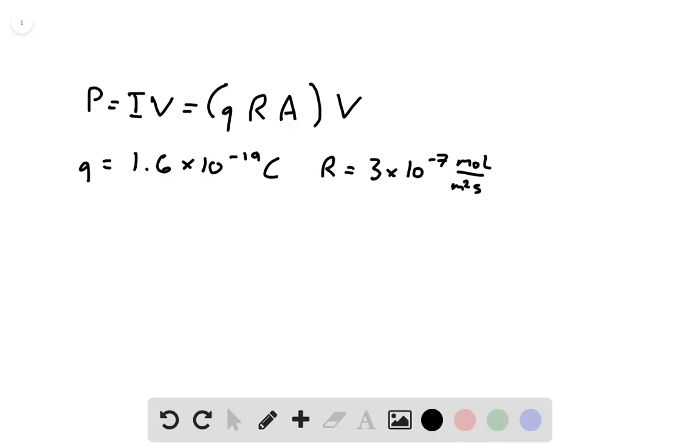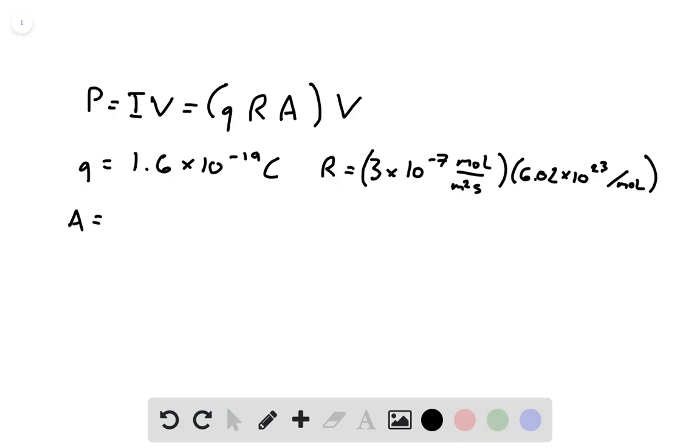Which we then need to multiply by Avogadro's number, 6.02 times 10 to the 23 per mole. It's the number of things in a mole.